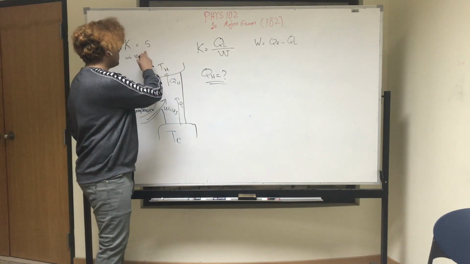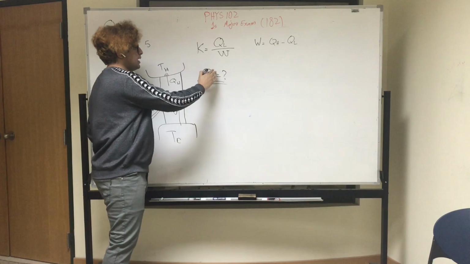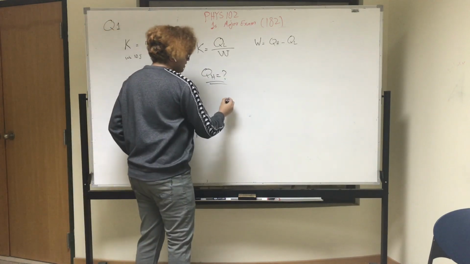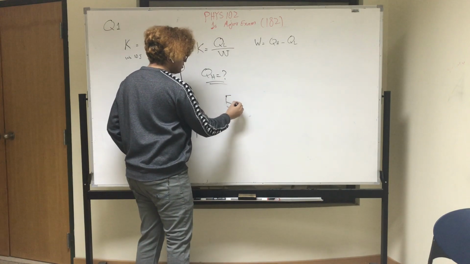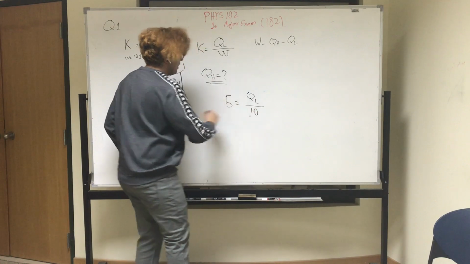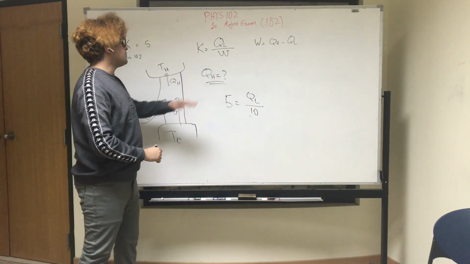We have K, the coefficient of performance, which is given in the problem, and it is 5. And we have the work done by the compressor. So we have this equation now: 5 is equal to QL over 10. And we're asked to solve for QH.